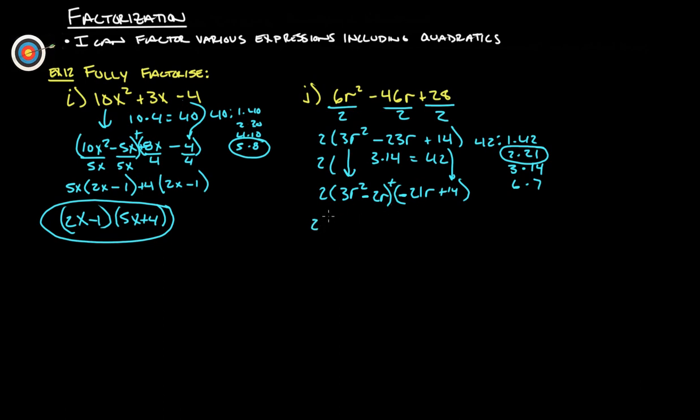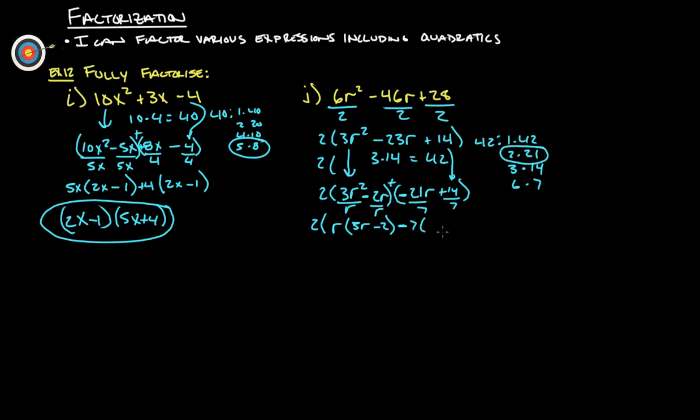We got the 2 out here. And we figure out what we can factor out of both of those. An r for both of those. And we have r times, and let's see, that leaves us with 3r minus 2. And then this one over here, since it starts with a negative, we got to factor a negative out. And those both have common factors of 7.